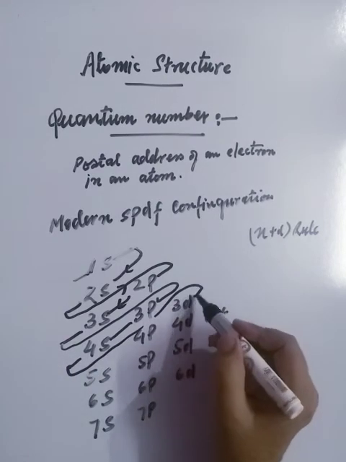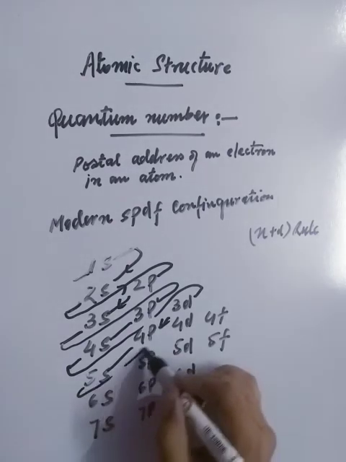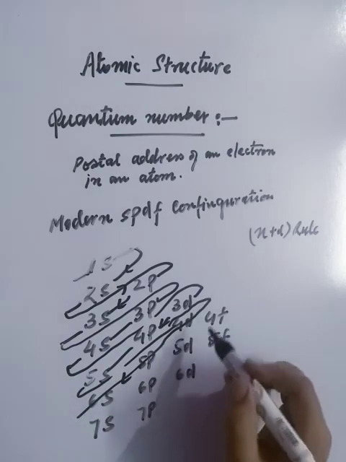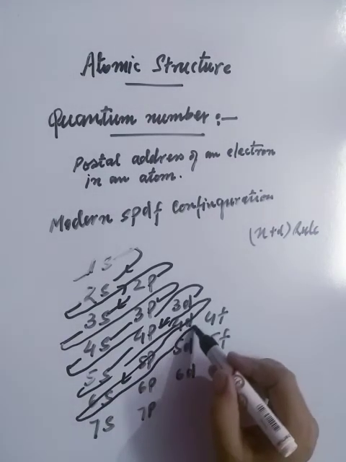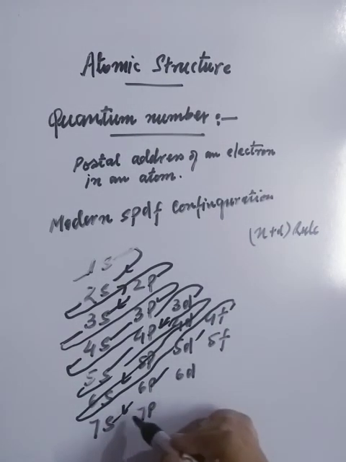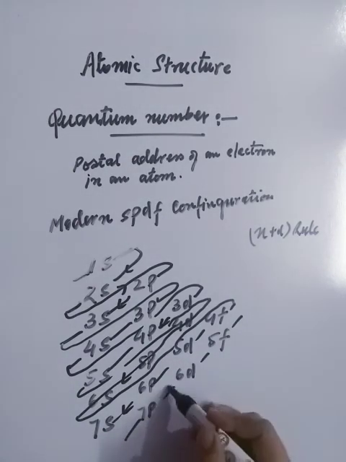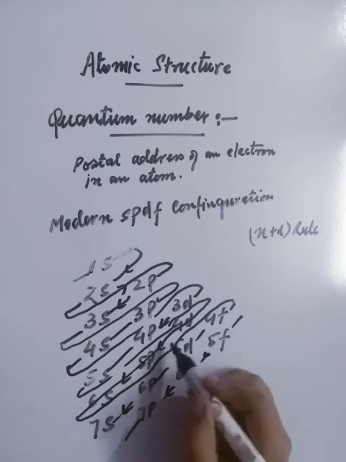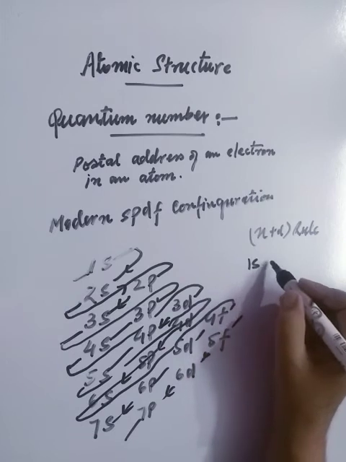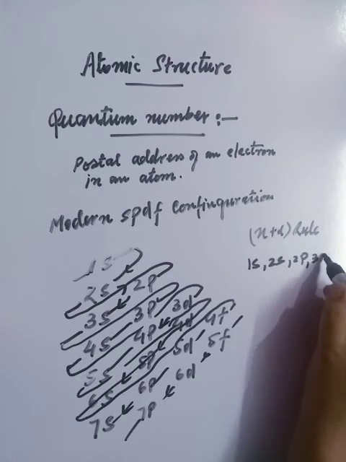Then 3d, 4p, 5s. After that 4d, 5p, 6s. After that we go this way: 4f, 5d, 6p, 7s, right? So this will be the arrow we are moving along. Now 1s will have the lowest energy, after that 2s, after that 2p, after that 3s, and so on.